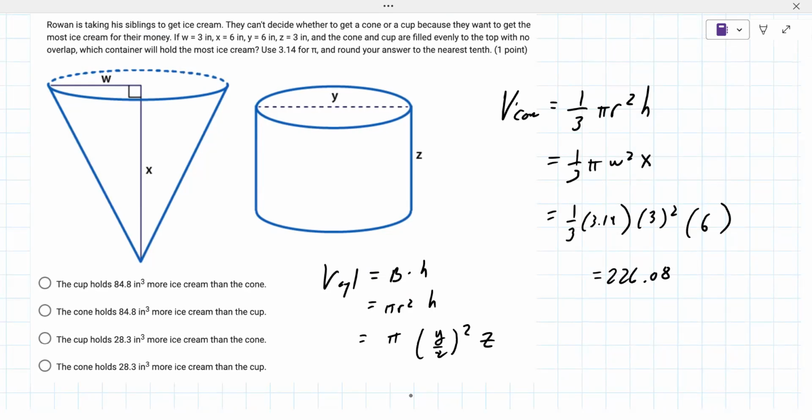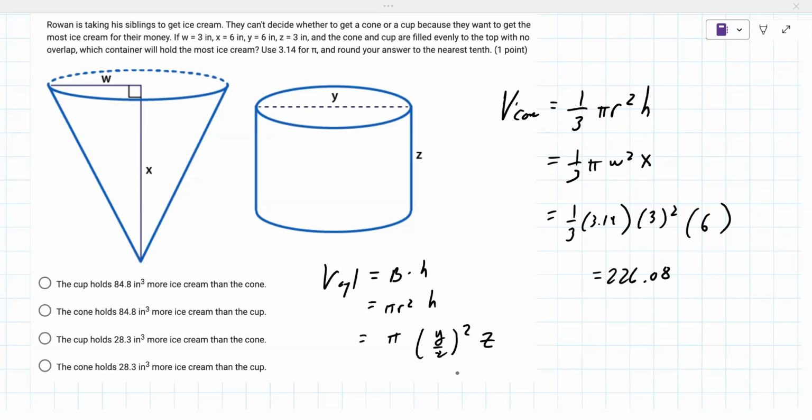So you would need to do pi times 3 squared, times 3.14. So the base area is 84.78.